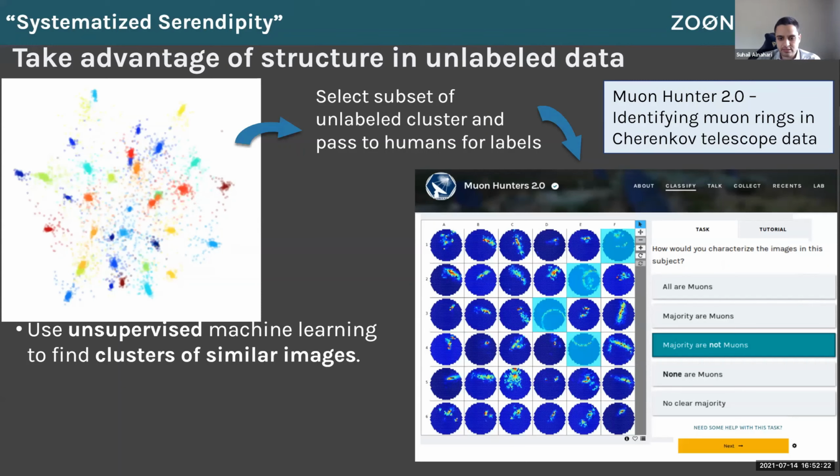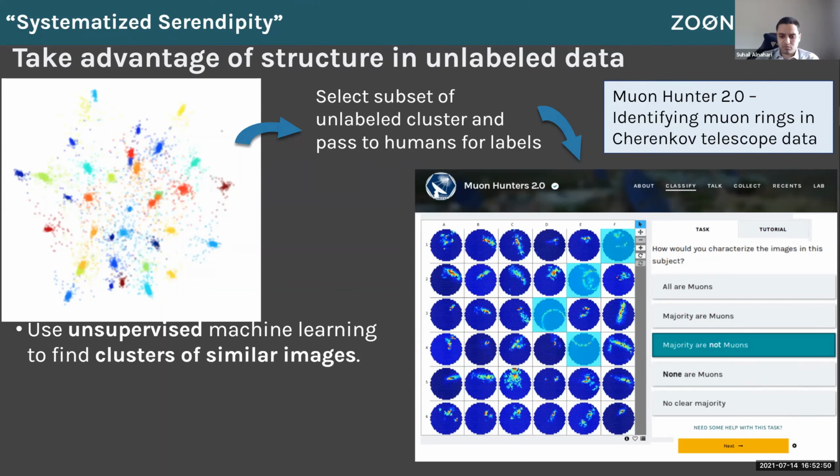So in this project, we're looking to classify muon rings, and just for a brief background, muons are created by gamma rays that hit our atmosphere and create showers of particles, and then these particles go on to telescopes, and that's how we get muon rings.